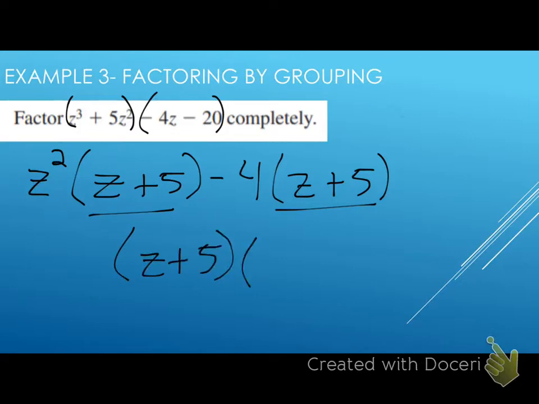What's another factor? Z squared minus 4. Does everyone see that? The thing that they have in common is one of our factors, and then our GCFs combined together is another one of our factors.